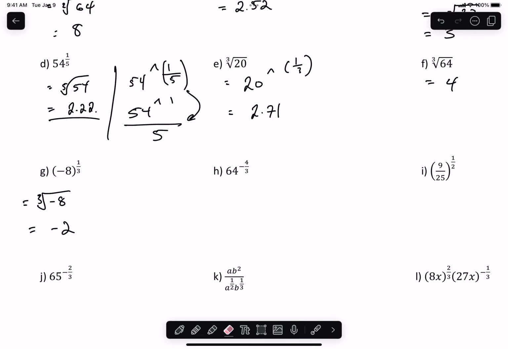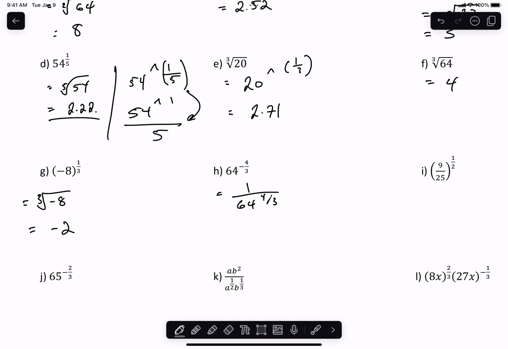Okay, and then we're going to mix in the negative exponents as well from yesterday. What does the negative exponent mean? Yeah, flip. So this is the same thing as 1 over 64 to the 4/3. Now this is a little bit different because the exponent looks a little bit different.